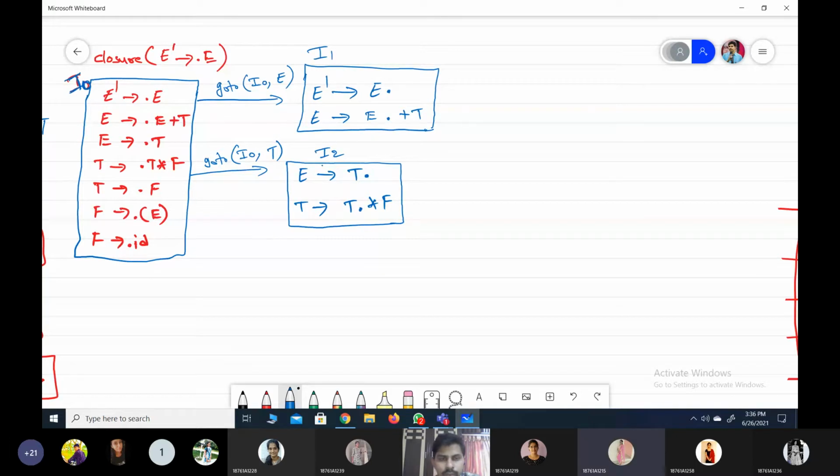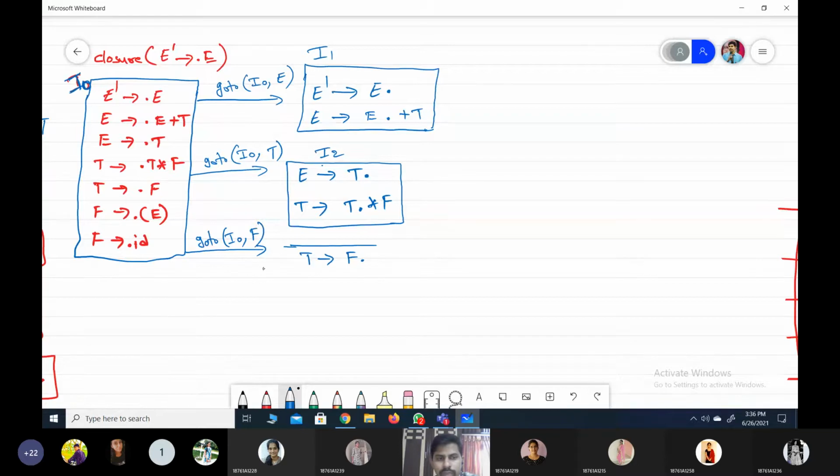Yes, sir. So the next possibility is on the I0 set, here I am applying the alphabet F. If I apply F, then the production is nothing but T tends to F dot.